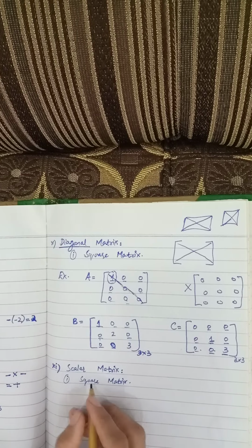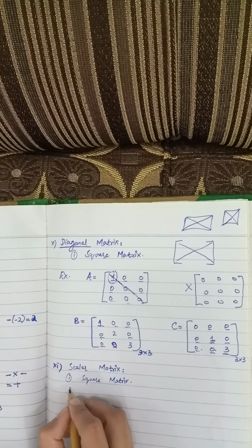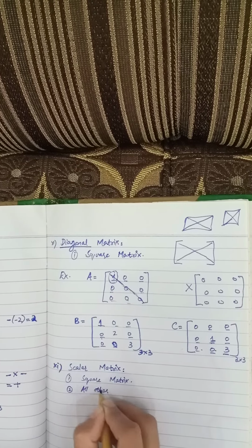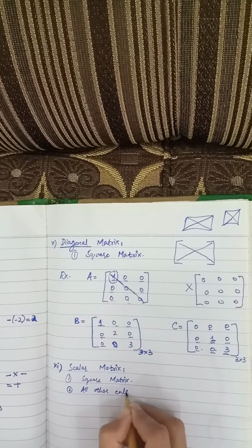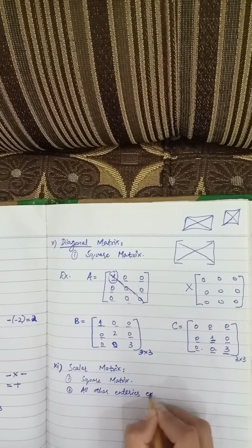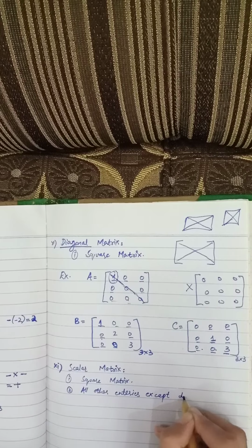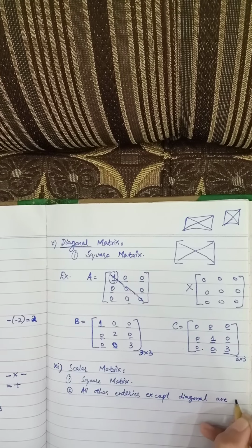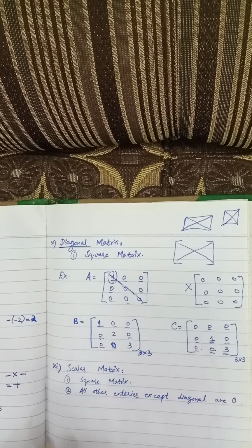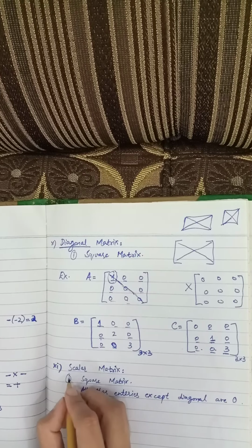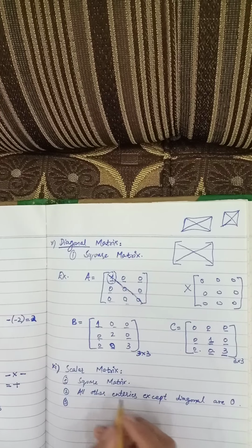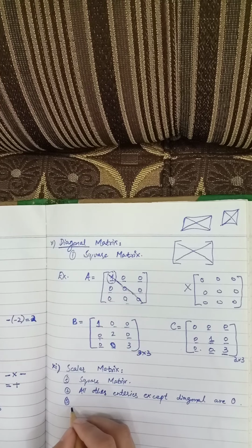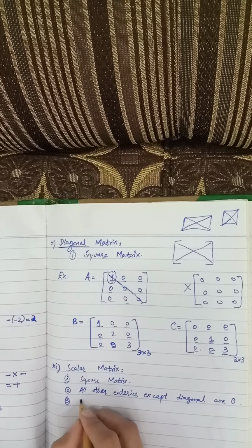All other entries except the diagonal are 0. And the third condition is that the diagonal has the same entries.